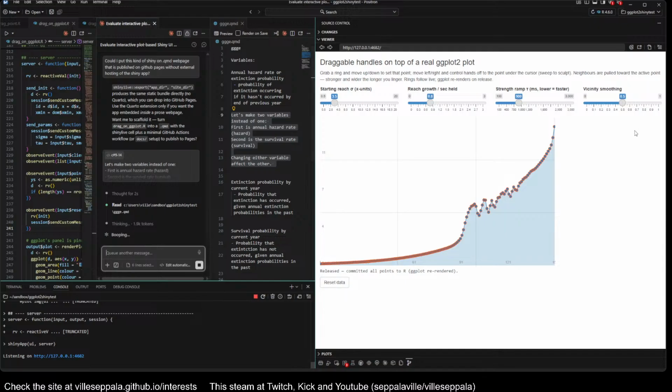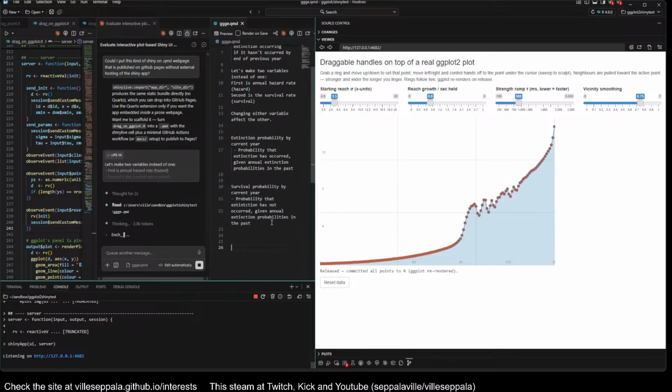I also want to have this, I like this gravity smoothing to be higher.